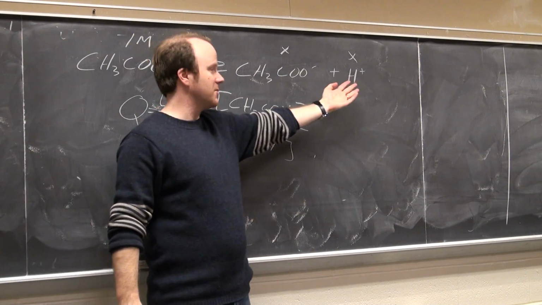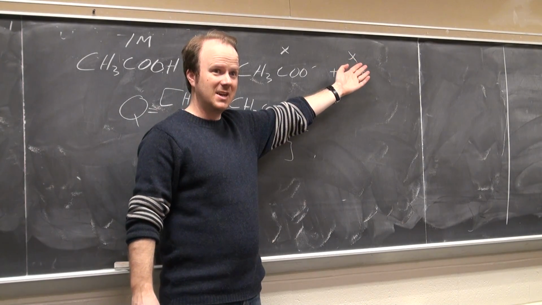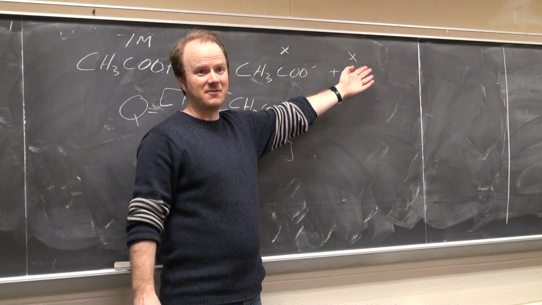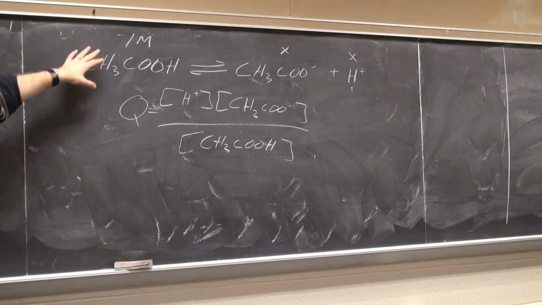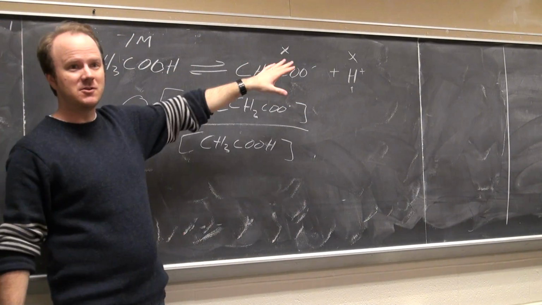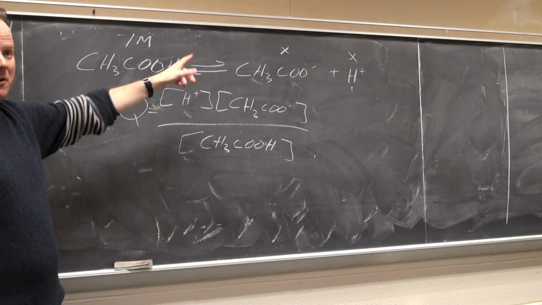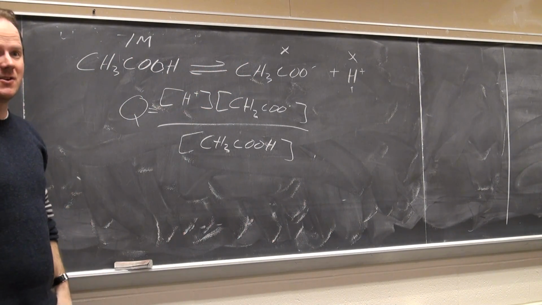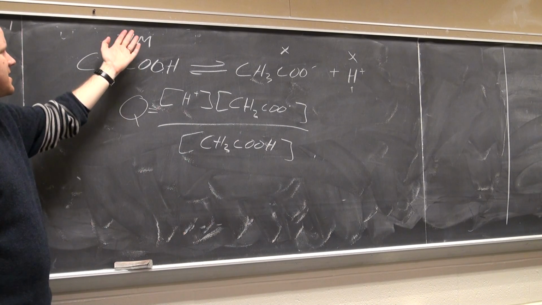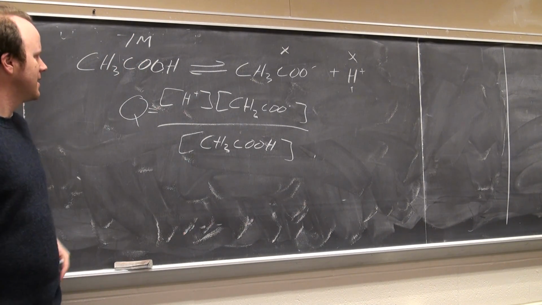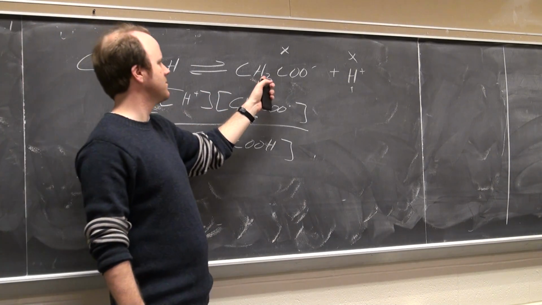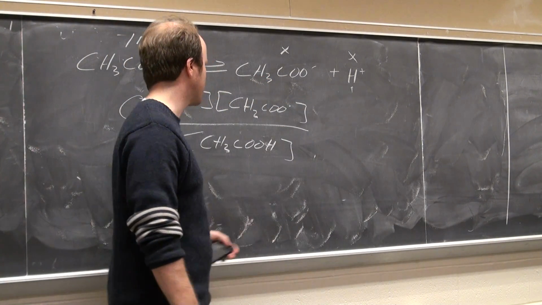Maybe I give you the proton concentration, and so this would be 6 times 10 to the minus 5 or something like that. So you have to figure out, based on what I tell you in the problem, what number do you know, and then what variables do you have to figure out from there? So oftentimes in straightforward cases, I'll say it's 1 molar acetic acid, and it's going to go to acetate plus the proton.